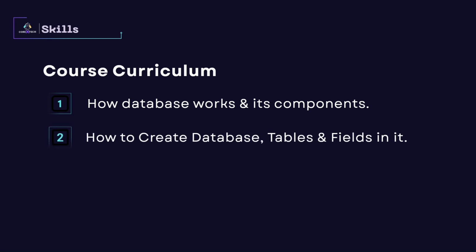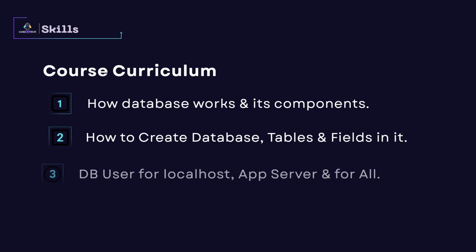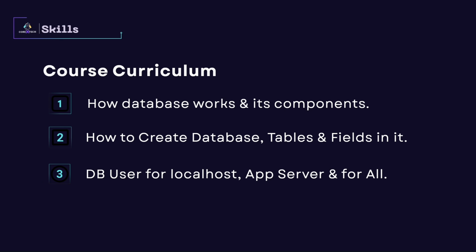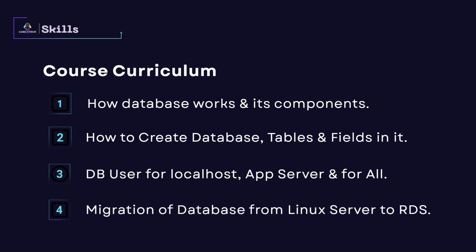Then we will move on to how we can create databases and tables and the fields in them. Then we will see the users of the database for localhost, for a particular app server, and for all. And then at the last, we are going to migrate our database from a Linux server to the AWS RDS. So let us go and start.